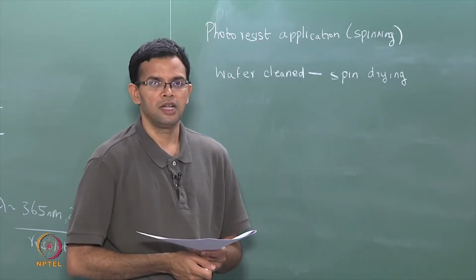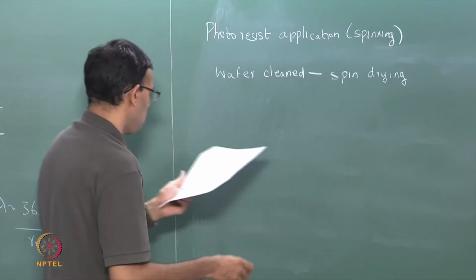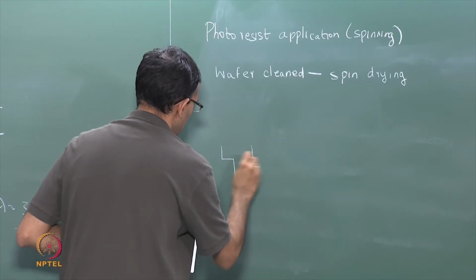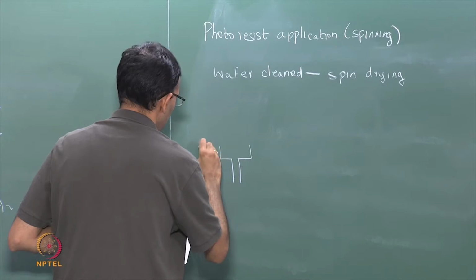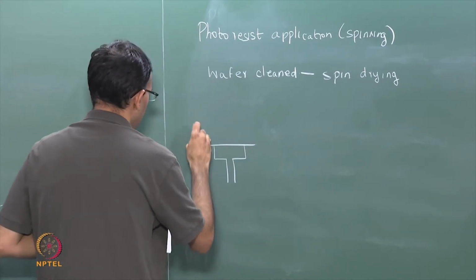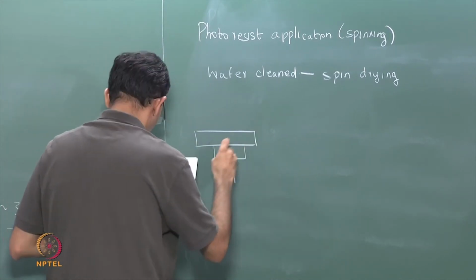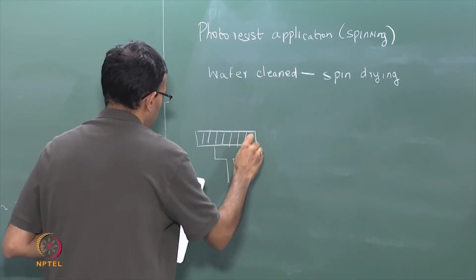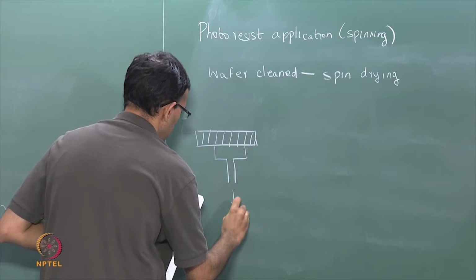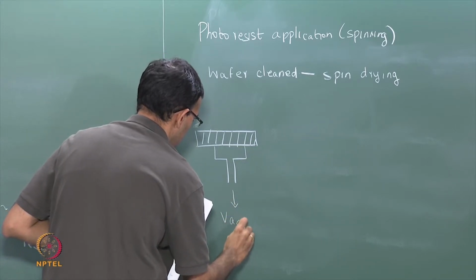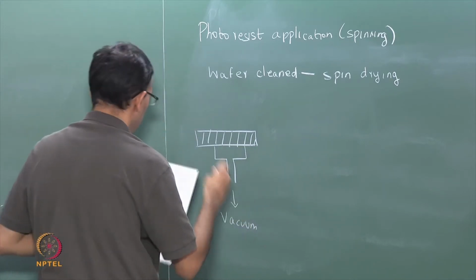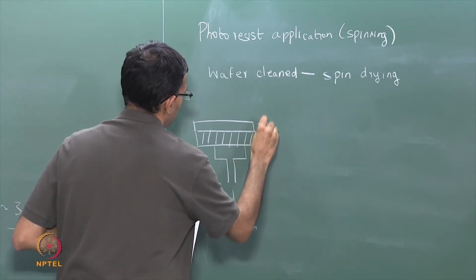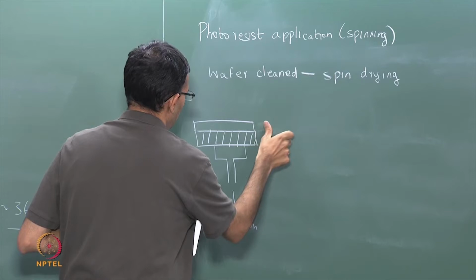The wafer is then loaded onto a vacuum chuck. So you have a vacuum chuck. This acts as the wafer holder, and there are different chucks depending upon the dimensions of the wafer. This is the wafer.